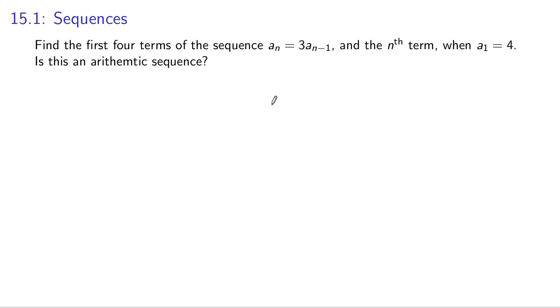Now let's find the first 4 terms of the sequence. A sub n is 3 times a sub n minus 1. So a sub 1 is 4, a sub 2 is 12. A sub 3 is 12 times 3, which is 36.